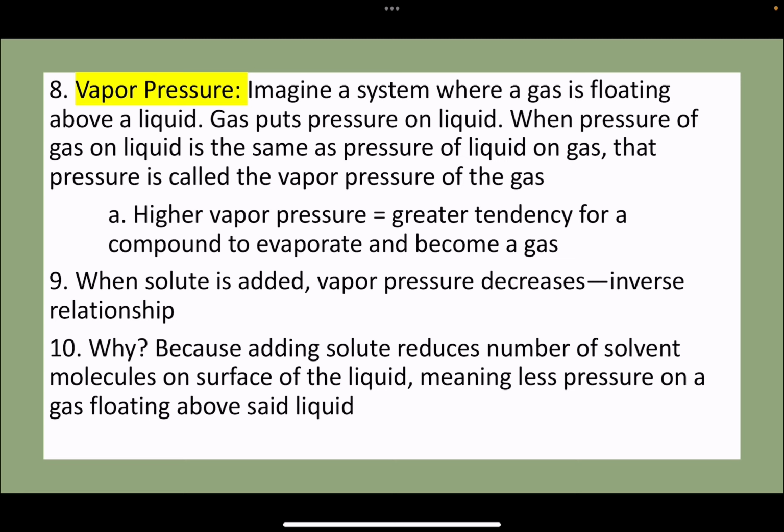For either system to remain in a state of unchanging constancy, the forces have to be equal. So, when the force the gas is putting on the liquid is the same as the force the liquid is putting on the gas cloud, that pressure is called the vapor pressure. Another way of saying this is that the vapor pressure is the pressure experienced at equilibrium.